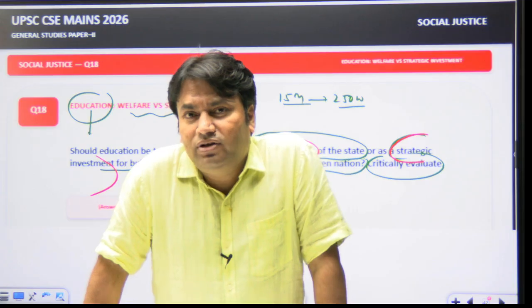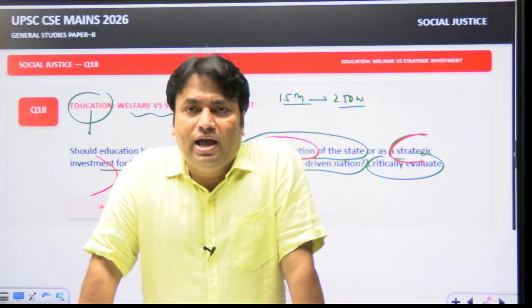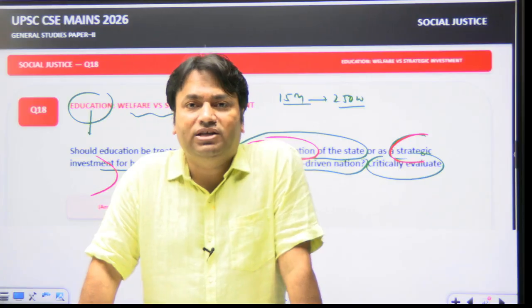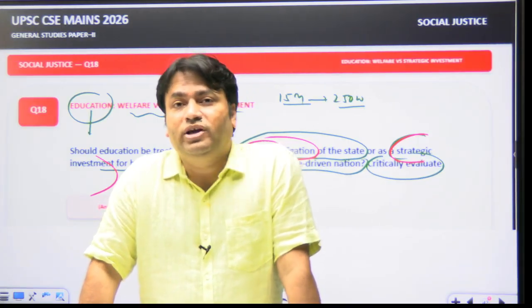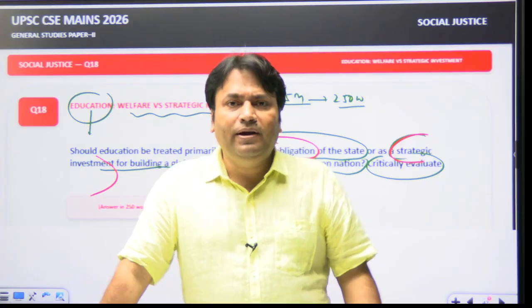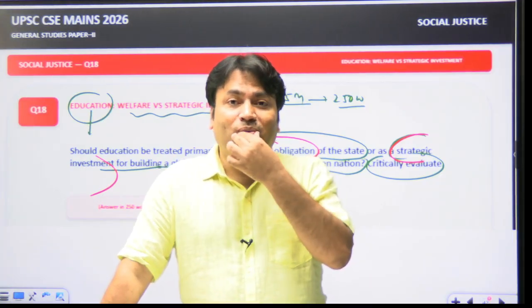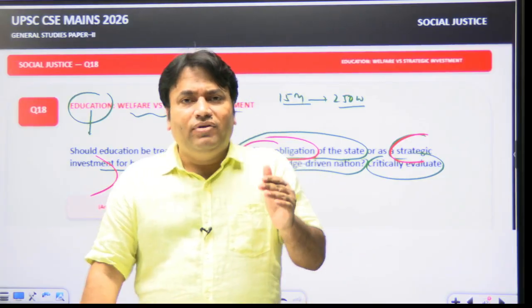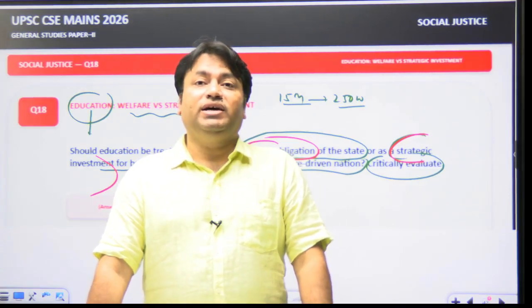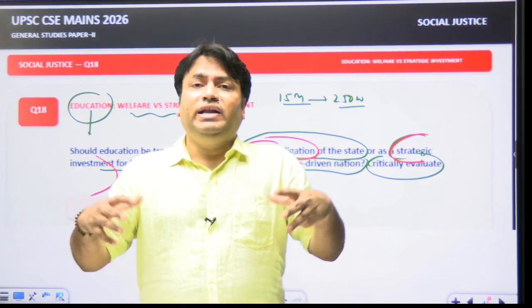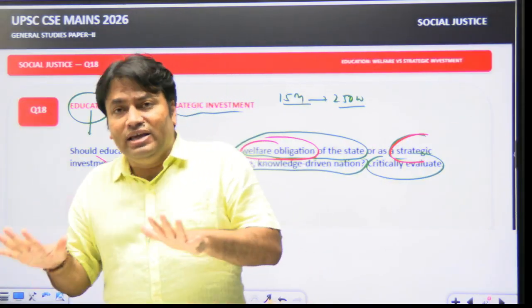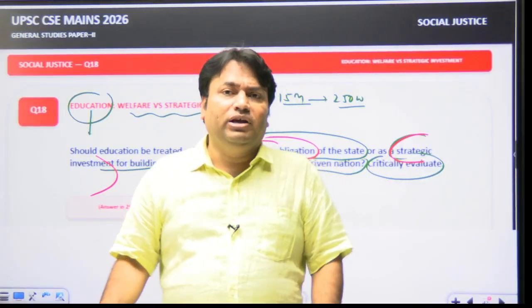But what is the difference between formal equality and substantive equality? Do you understand the difference? So look, when we say equal treatment for everyone, treating everyone in the same manner, that is formal equality. When we treat everyone as equal and ignore existing social and economic inequalities, that is formal equality.